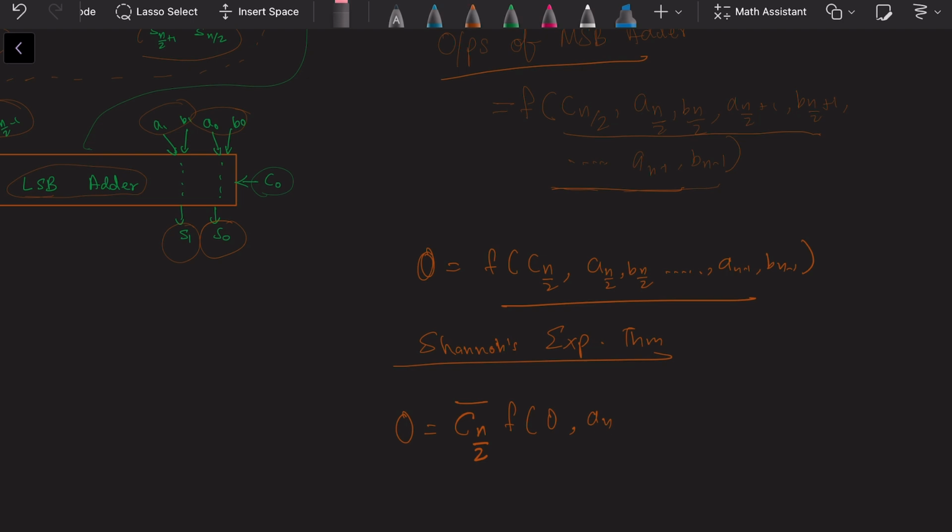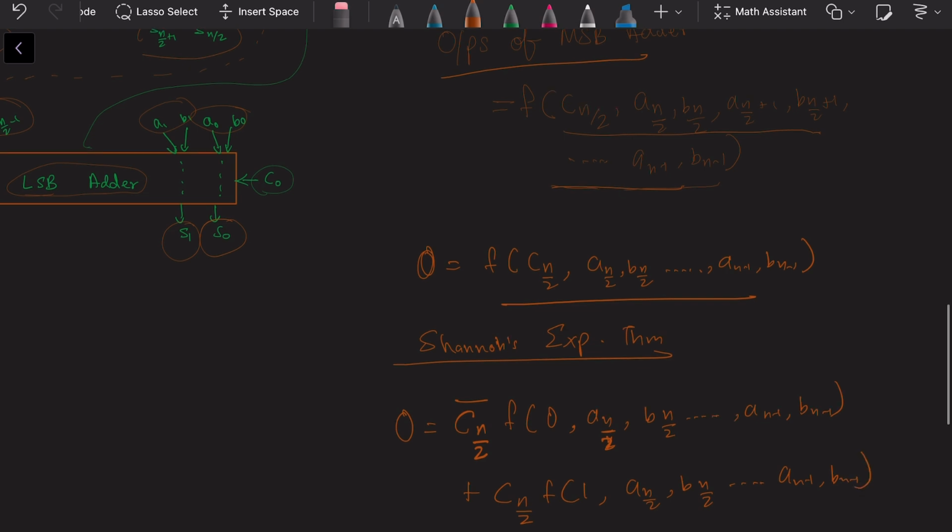This 2 is only the denominator of n and not of A, because that's just an index.